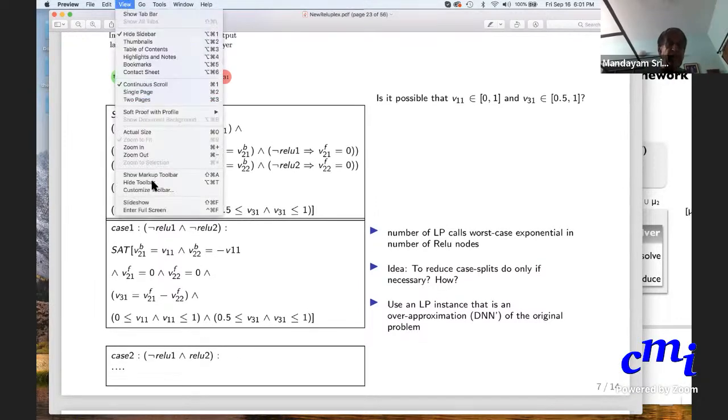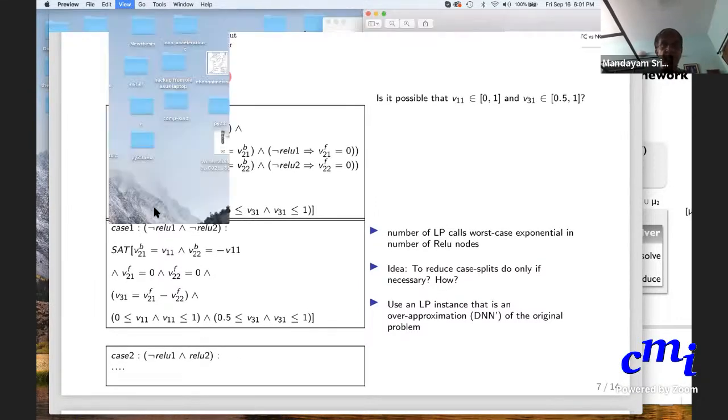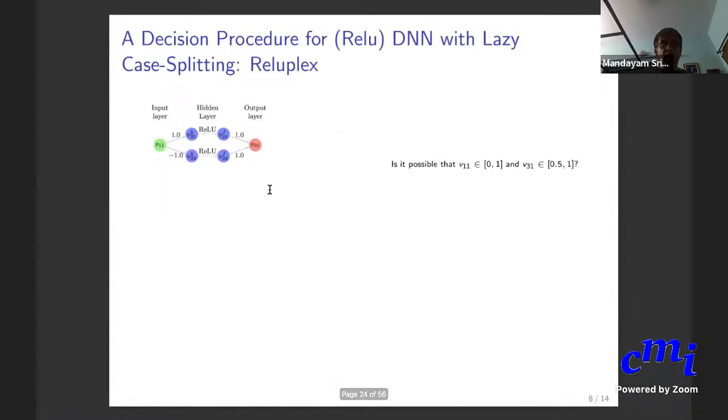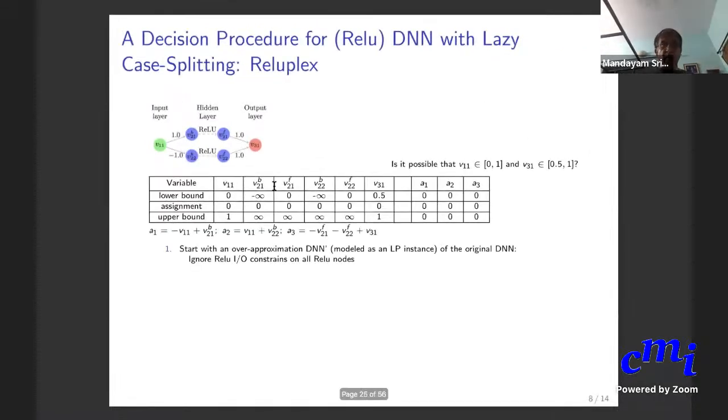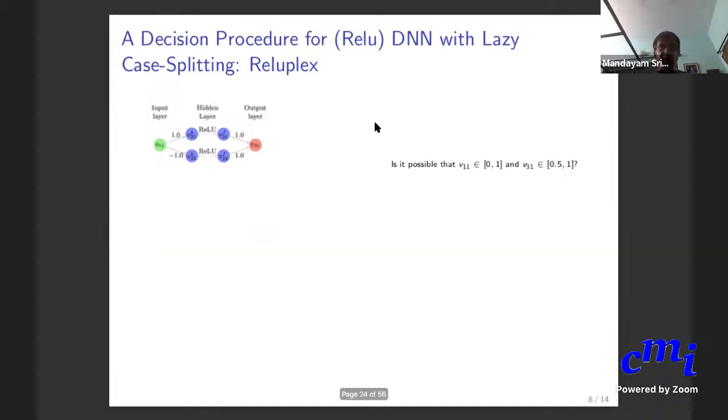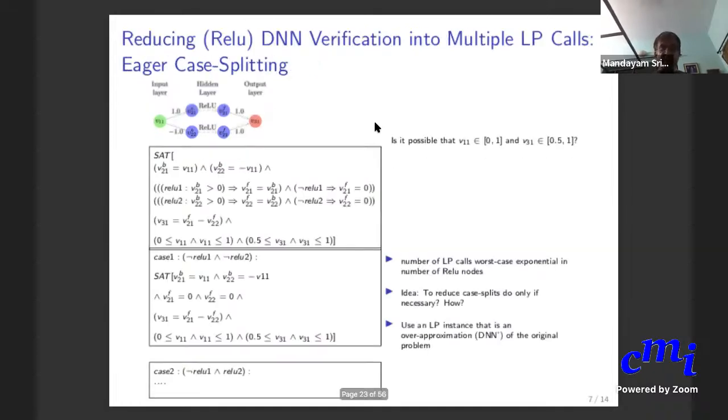Let me go back to full screen mode. So what do I mean by the over approximation? Really, what it does is it ignores these ReLU constraints completely.